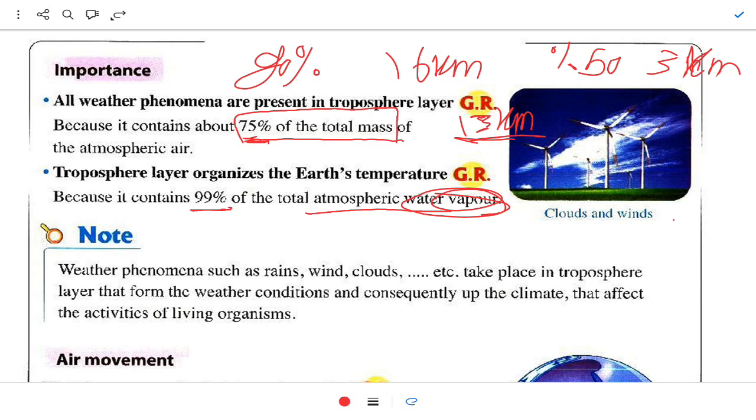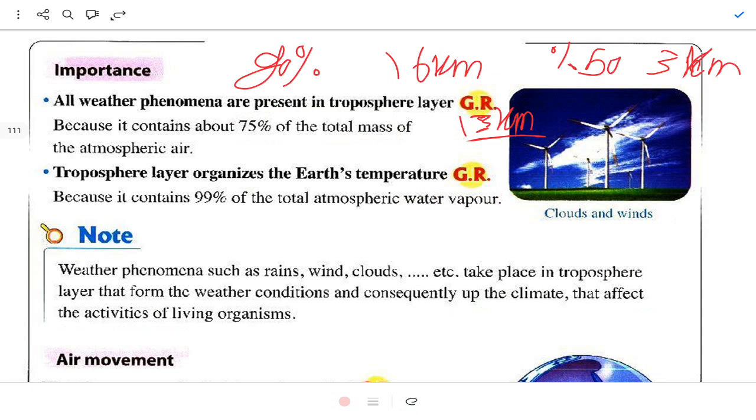So these weather phenomena form the weather condition and consequently the climate that affect the activities of living organisms. So all the weather changes happen in it.